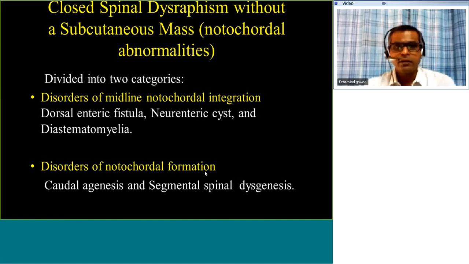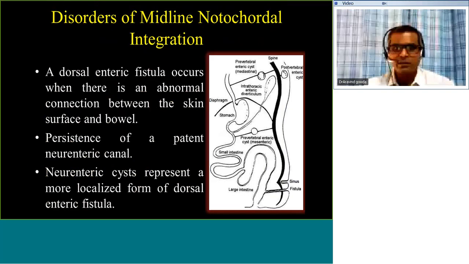So coming to that, this is in the notochordal integration. Two notochords will be there, which eventually fuse together to form a single notochord, which will have a tube inside, and later it becomes a solid cord like.